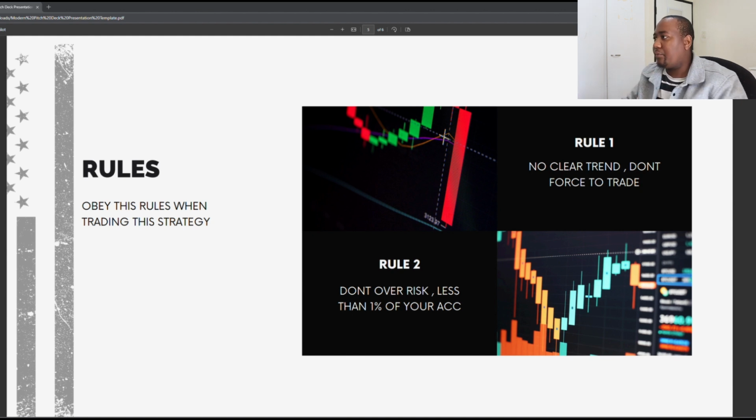Rule number one, if there is no clear trend, do not force the trade. If the market is ranging, I didn't teach it on ranging markets, so that's when I will stay off the market. It needs to be a clear trend. Many of you are going to ask, what trend are you talking about? The M15 time frame.